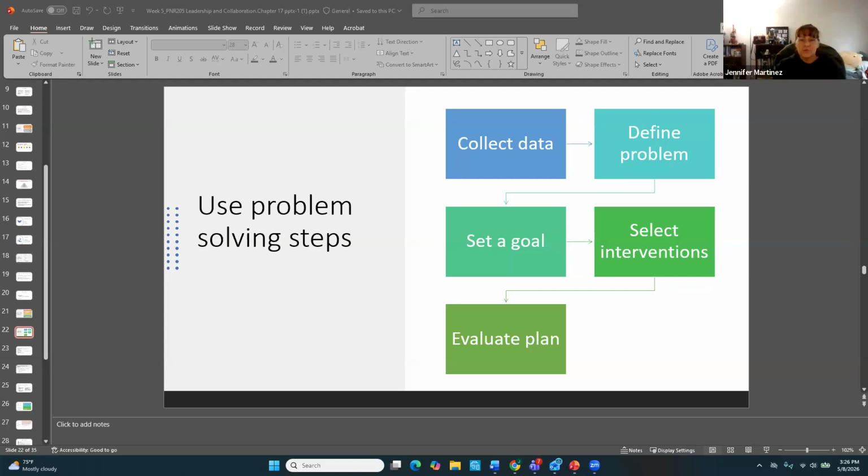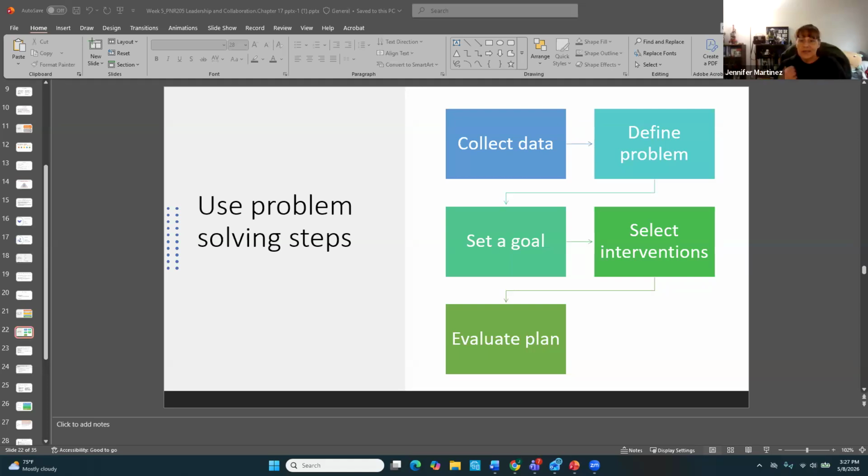Then, of course, we set a goal for how we are going to resolve the situation, and we put interventions in place, just like we would with the nursing care plan. How are we going to settle the conflict? How are we going to work together to make sure that the job is done appropriately? And then we always go back and evaluate, because that's always part of the nursing process.